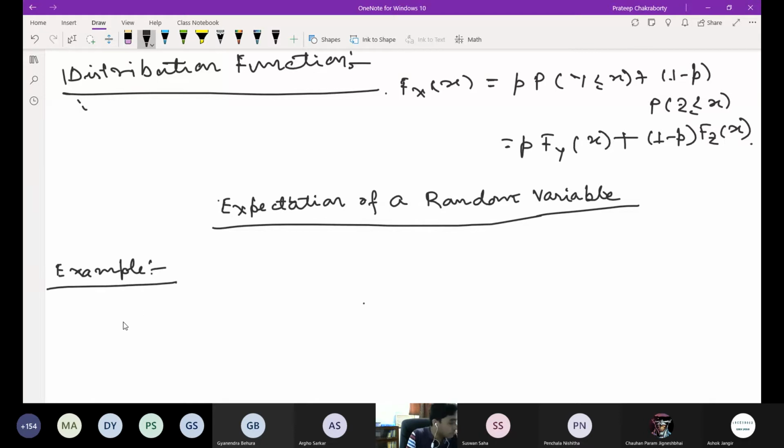Suppose four small similar chips, the only difference is that they are numbered.